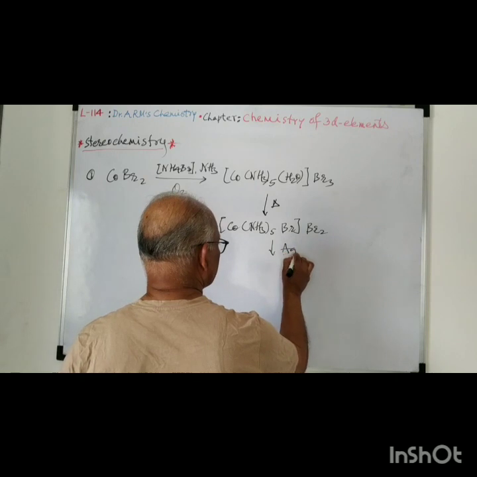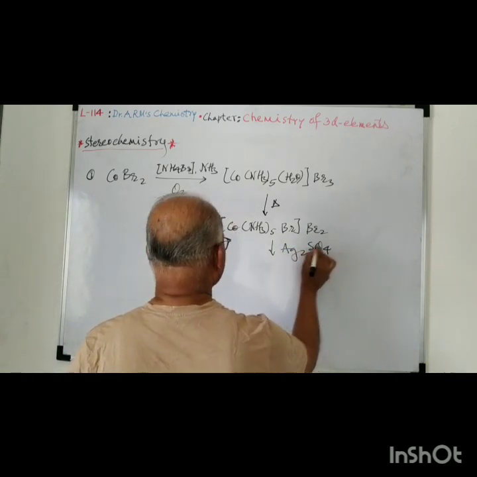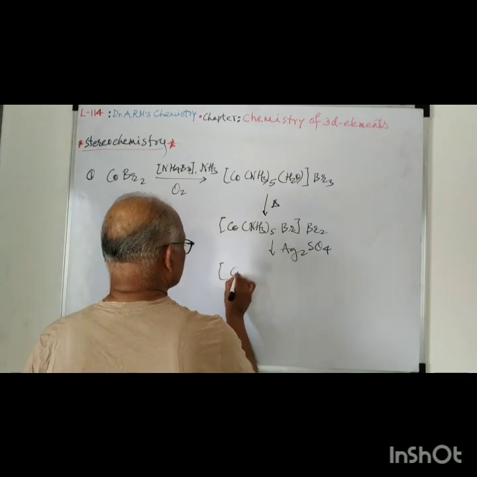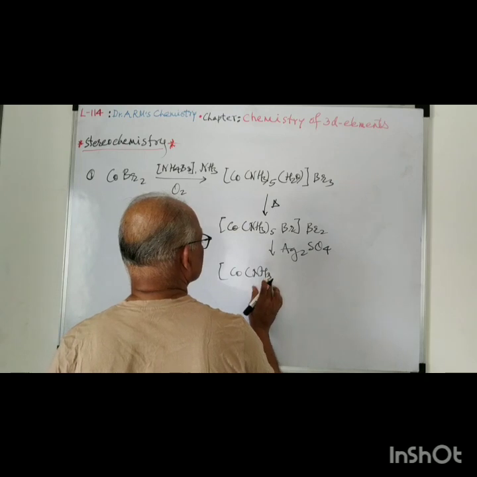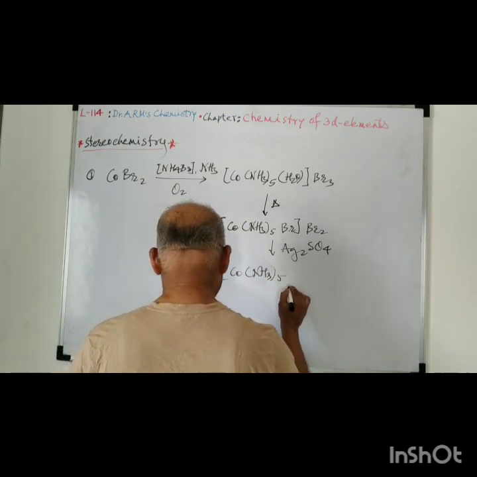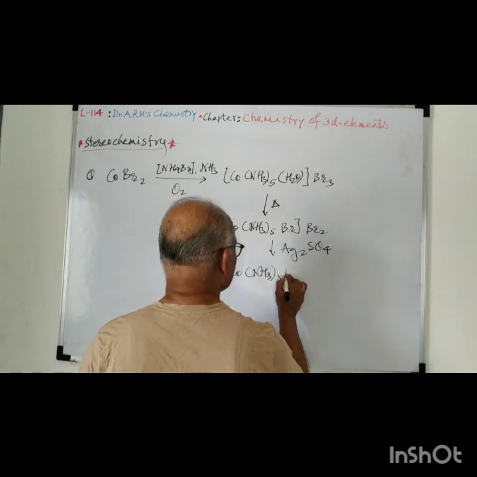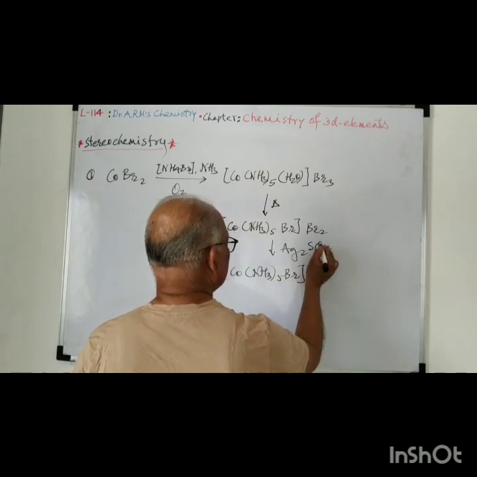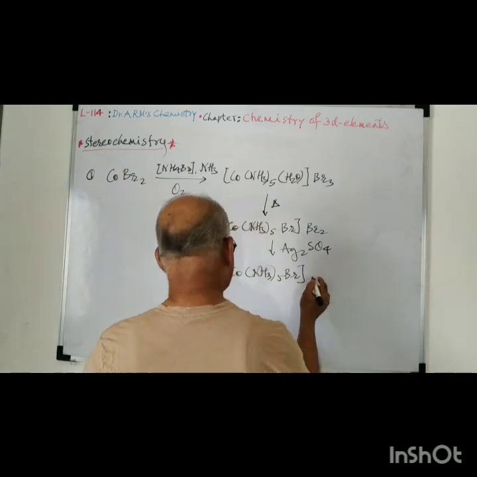Further treatment with Ag2SO4 gives [Co(NH3)5Br]SO4, and here the Br2 is replaced by SO4.